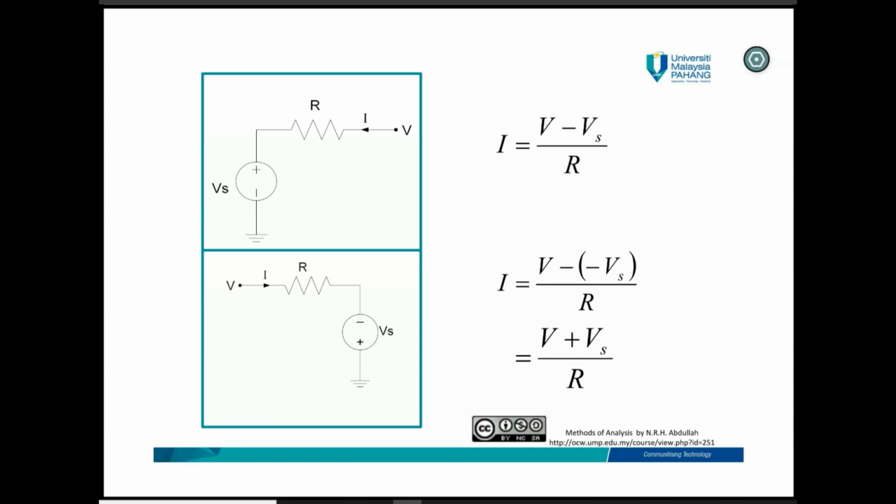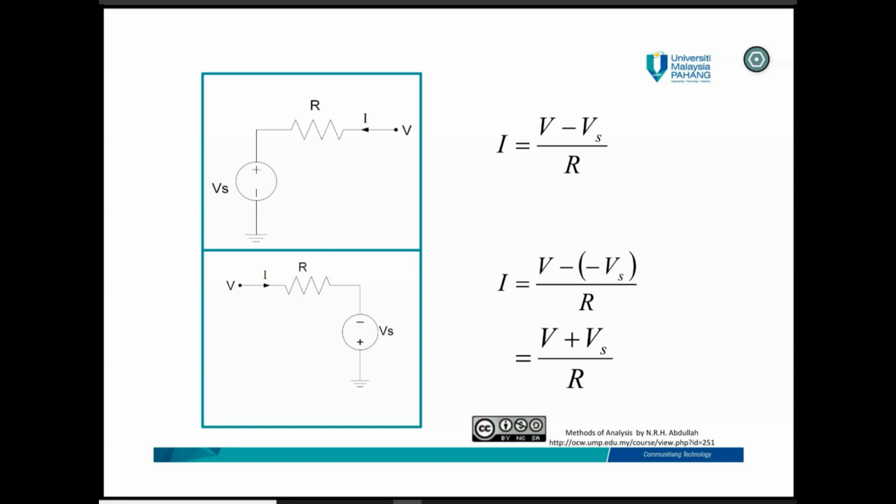This slide will show you how to find the current flowing through the branch or the resistor. The most important thing is you have to know the voltage across the resistor. So this is some example.